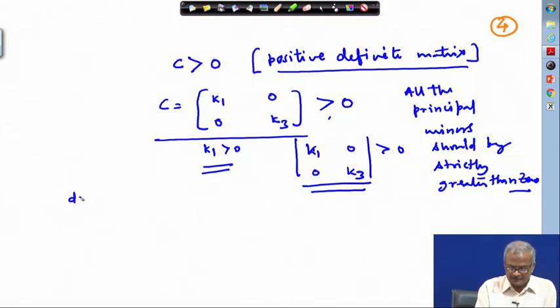Let us look through this. Let us say there are two spring system, and we write it like this.